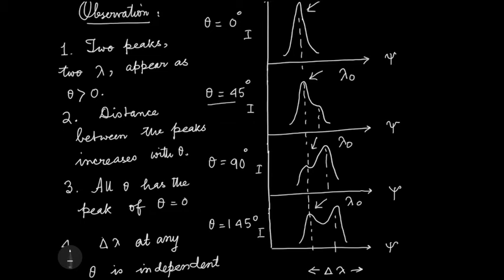So this is what is observed, and this could not be explained with the regular Maxwellian theory of electromagnetic radiation, because in Maxwell's theory you don't expect the wavelength to change. You expect the same wavelength X-ray to come out.